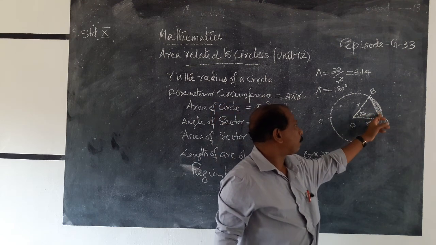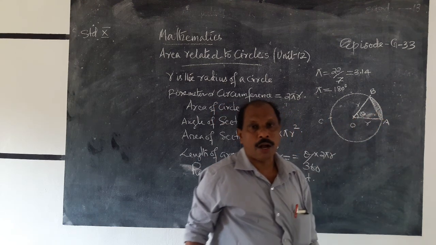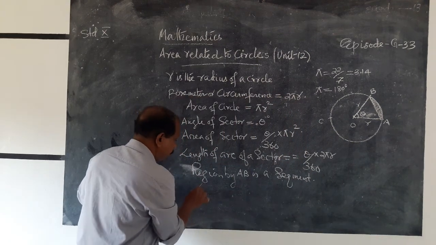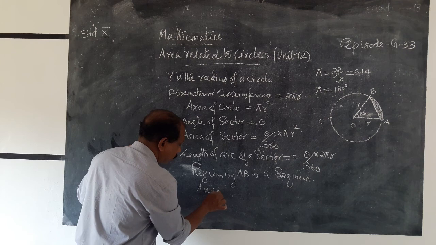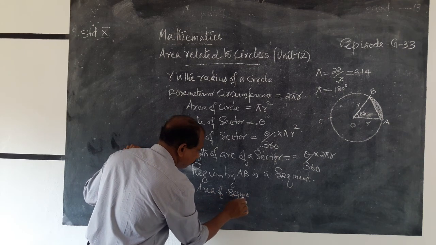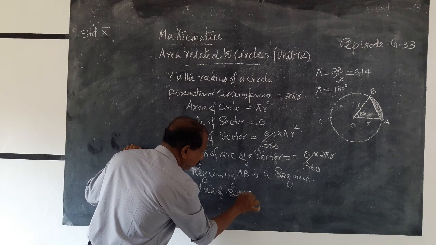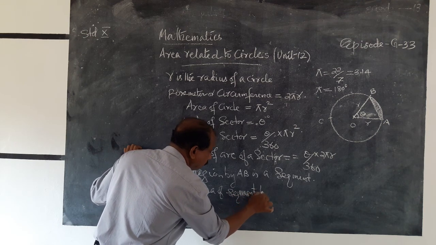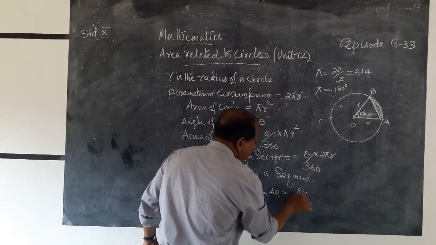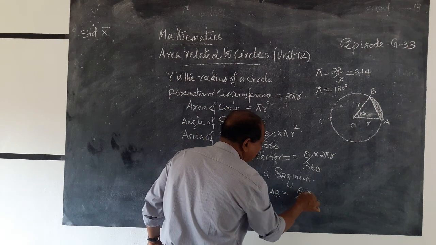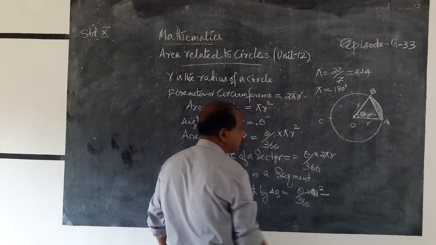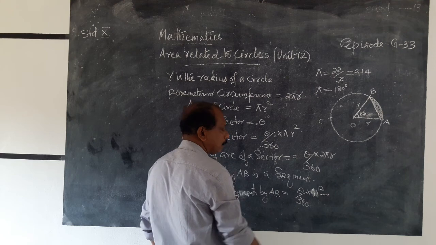And the area of the segment is equal to the area of sector AOB minus triangle AOB. Therefore, the area of the segment by AB is equal to theta by 360 into pi r square minus what?